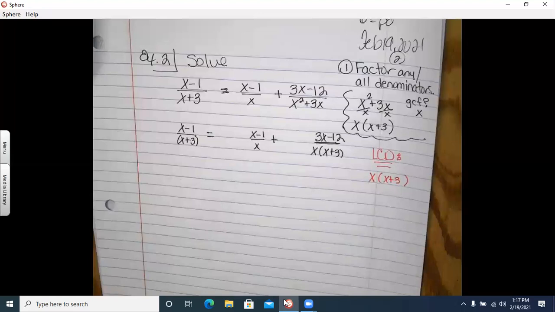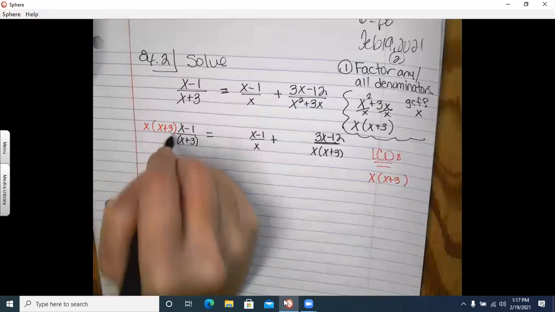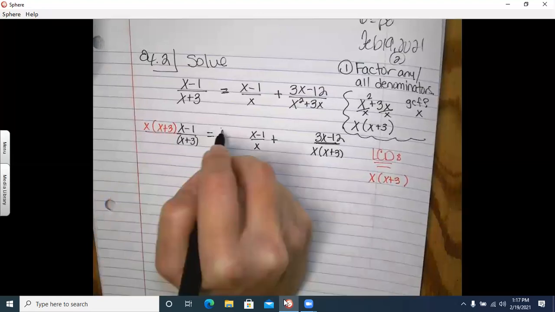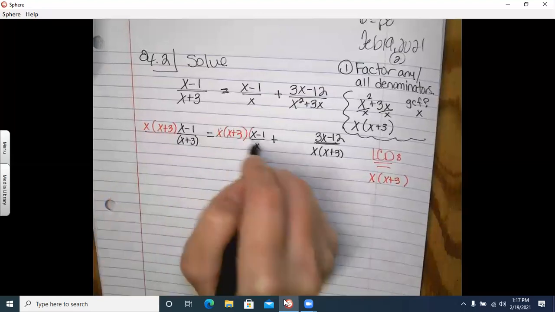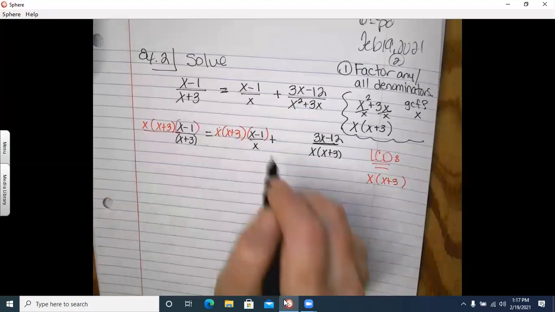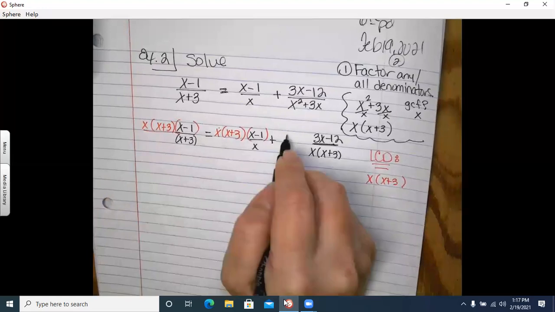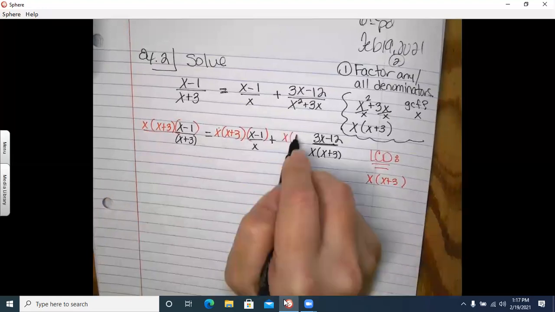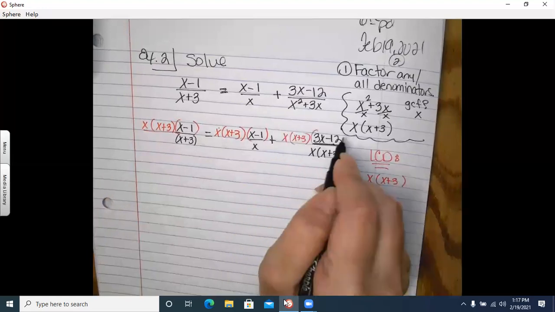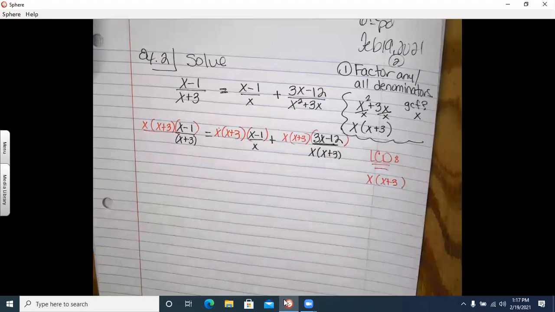So I'm going to multiply each term times x plus 3. If I want to put those binomials in parentheses, I can. Everybody cool with that?